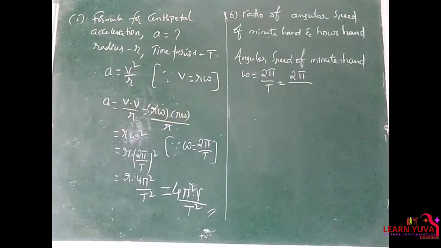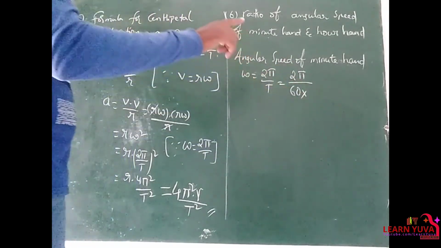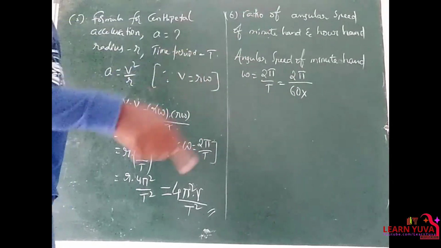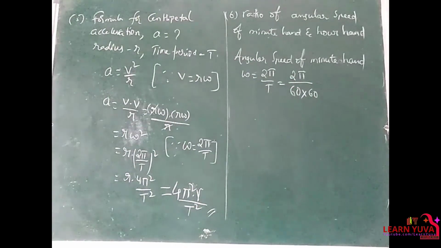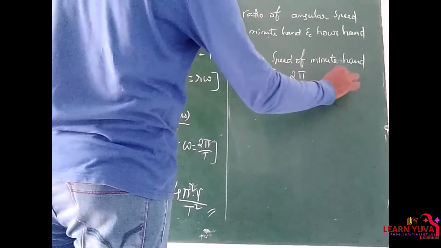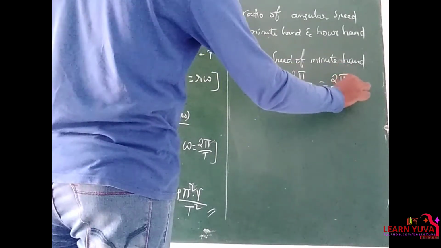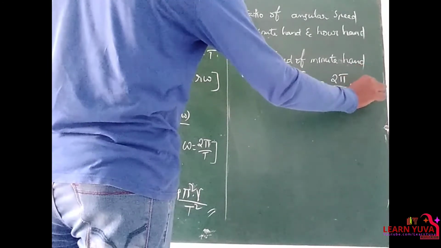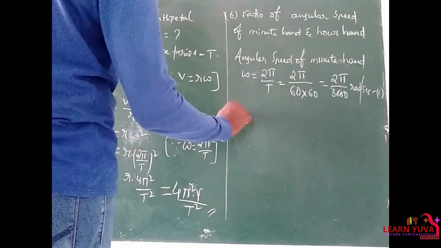Right? 1 minute is equal to 60 seconds. For minute hand to revolve one revolution, it completes 60 revolutions. Clear? So that is equal to 2 pi by 3600 radians per second. Mark it as 1. Next, angular speed of hour hand.